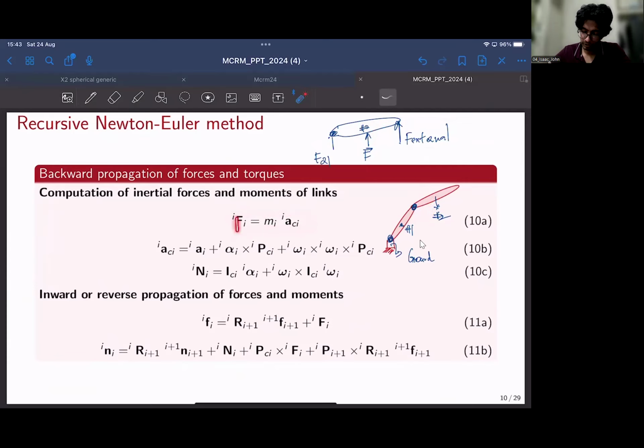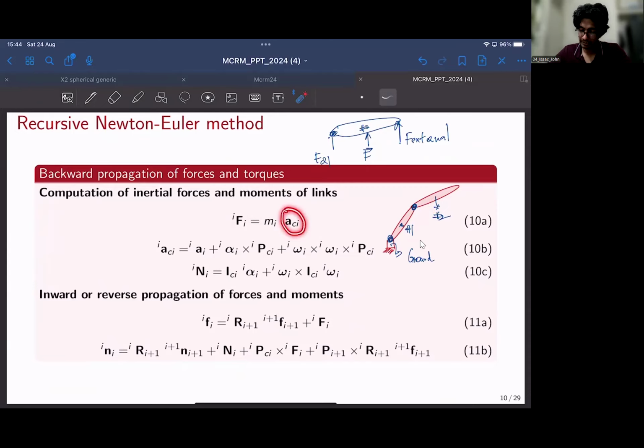So the net inertial force acting on the centroid of the ith link is given by the mass of the ith link multiplied by the linear acceleration of the center of gravity of the ith link. That is the force that is acting at the centroid, the center of gravity.